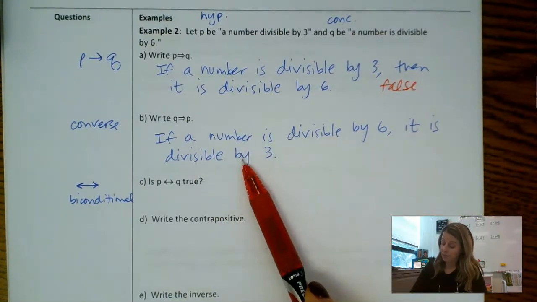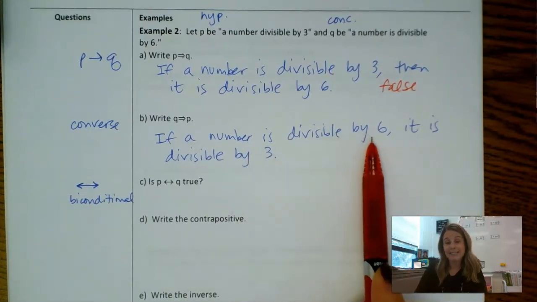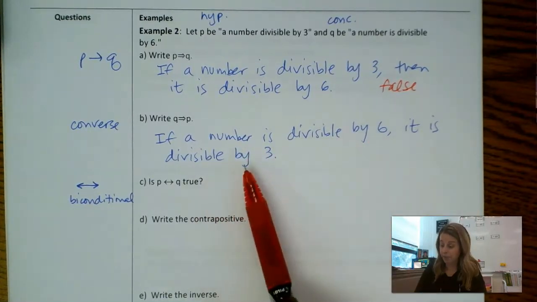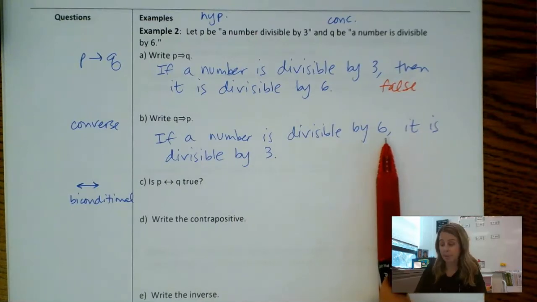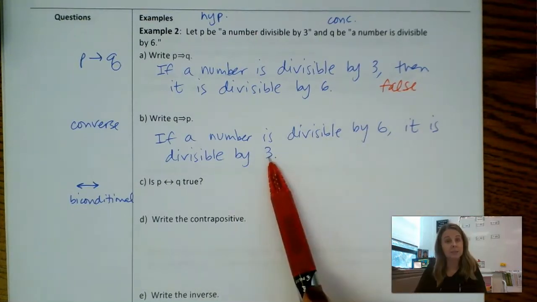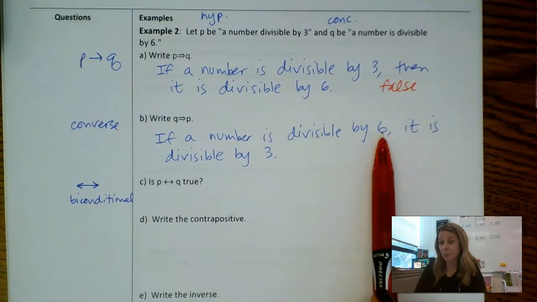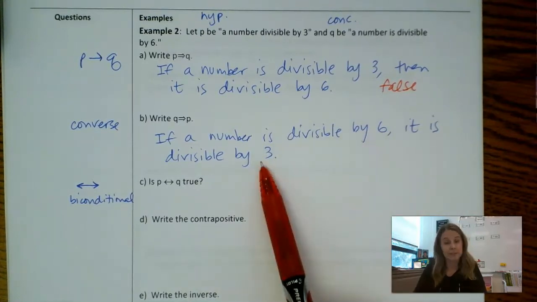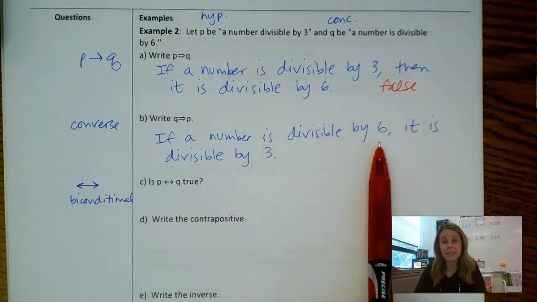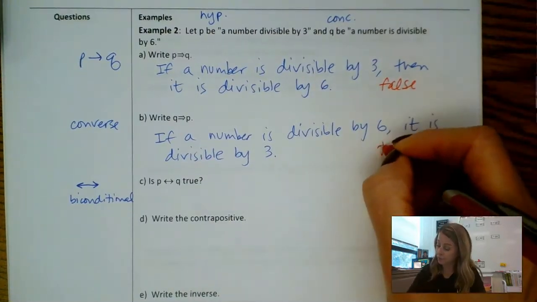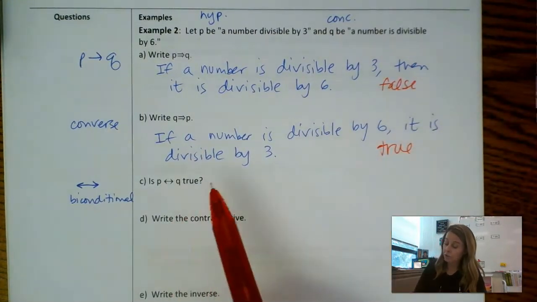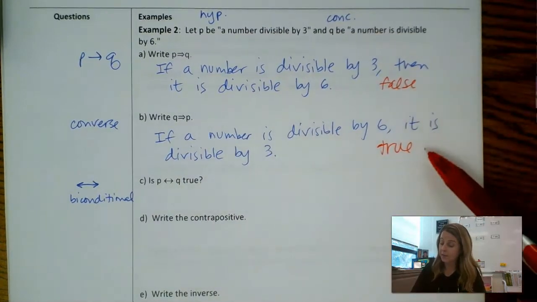What about this one? If a number is divisible by 6, it is divisible by 3. So 6 is divisible by 6 and by 3. 12 is divisible by 3. 18. Yeah, so this is true. So right here, I cannot even write a biconditional.